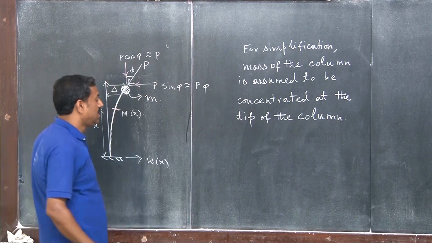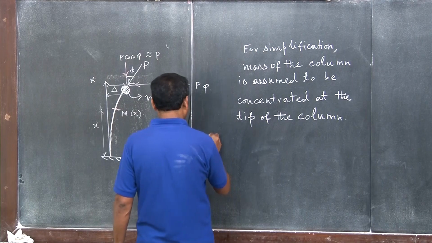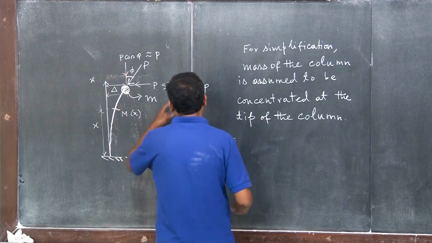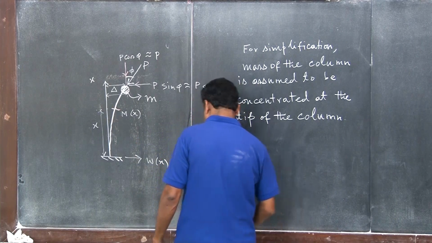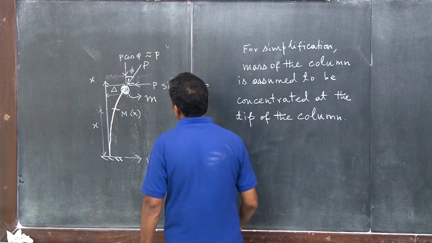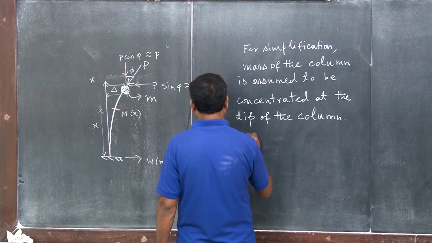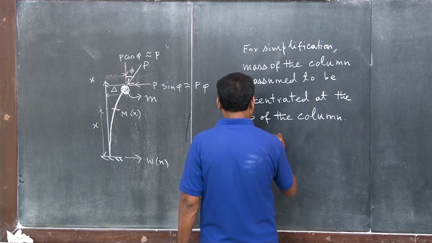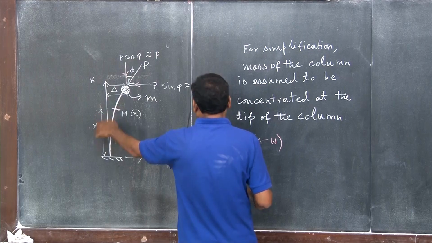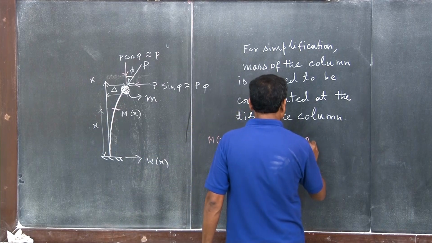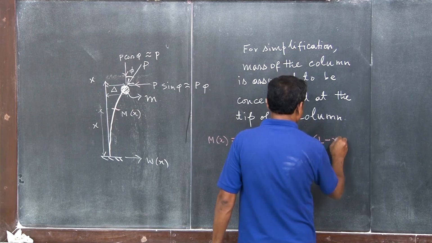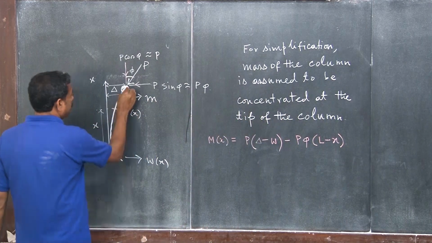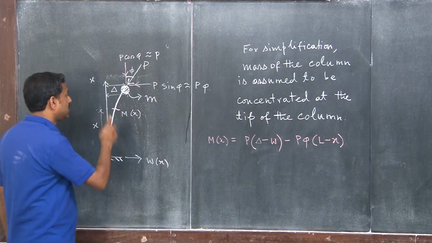The way we write the moment expression, M(x), is P into delta minus w, right? Then minus P into L minus x, right? These two forces are contributing.